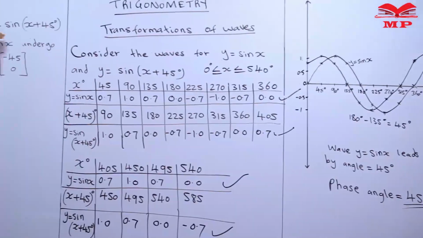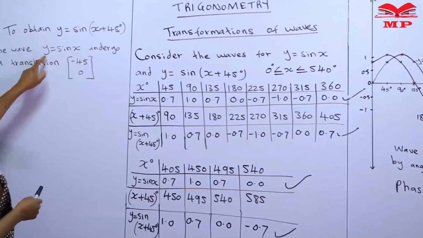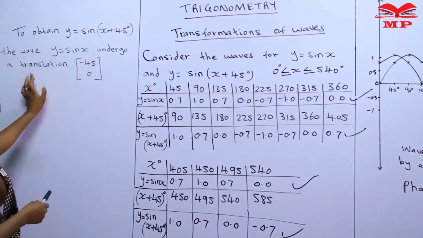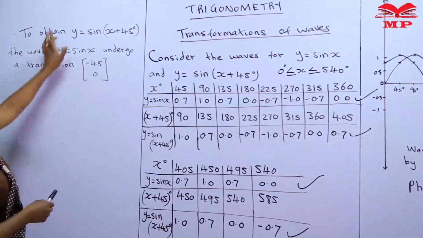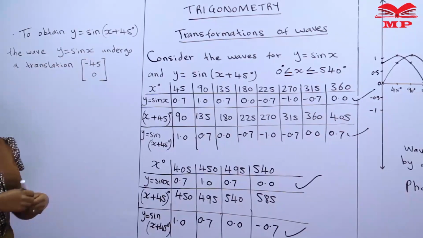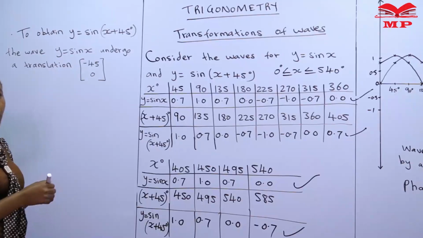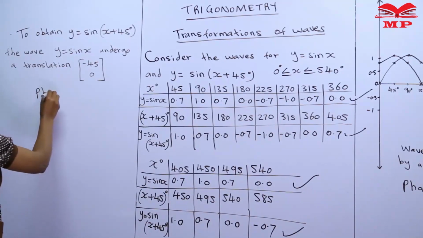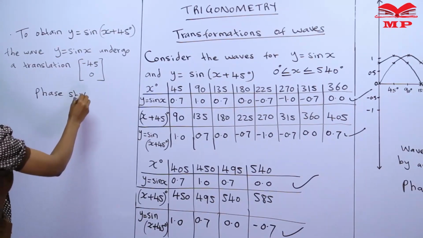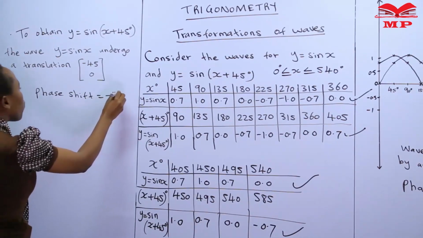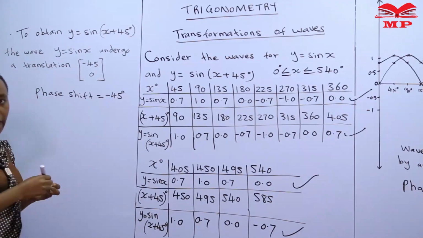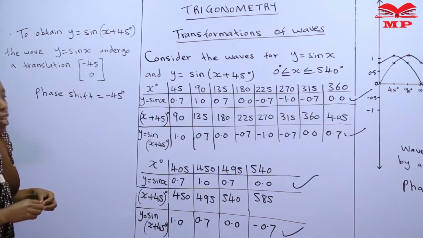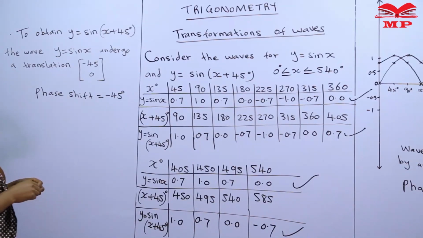So we have y is equal to sine x undergoing this translation to obtain y is equal to sine x plus 45 degrees. And therefore we can say our phase shift is equal to 45 degrees. The phase angle is 45 degrees.